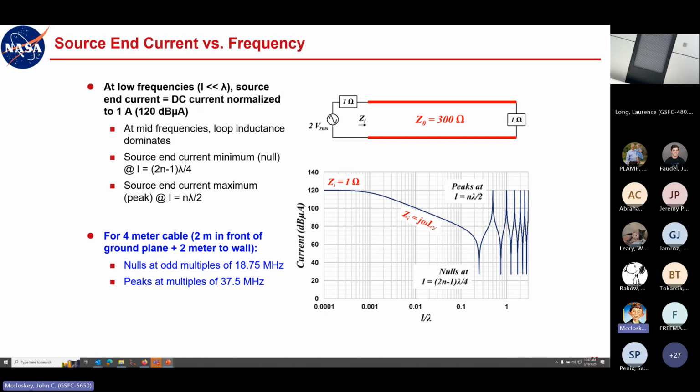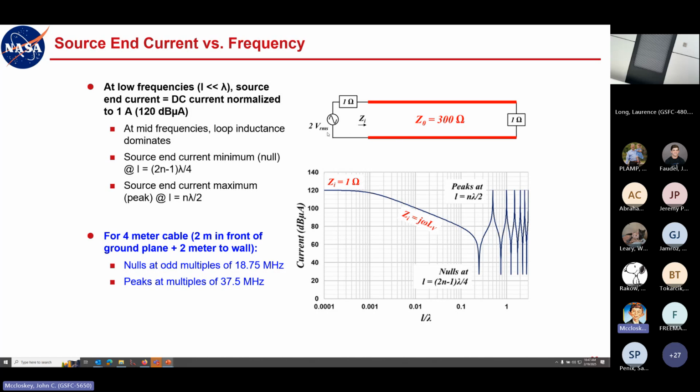Okay, so when you are a quarter wavelength away, odd multiples of a quarter wavelength away, a short looks like an open, and you will get a current null. And at multiples of a half wavelength, the short looks like a short, and you will get a current peak. It'll basically look the same as what you get at DC. But at DC, transmission line effects aren't in play.